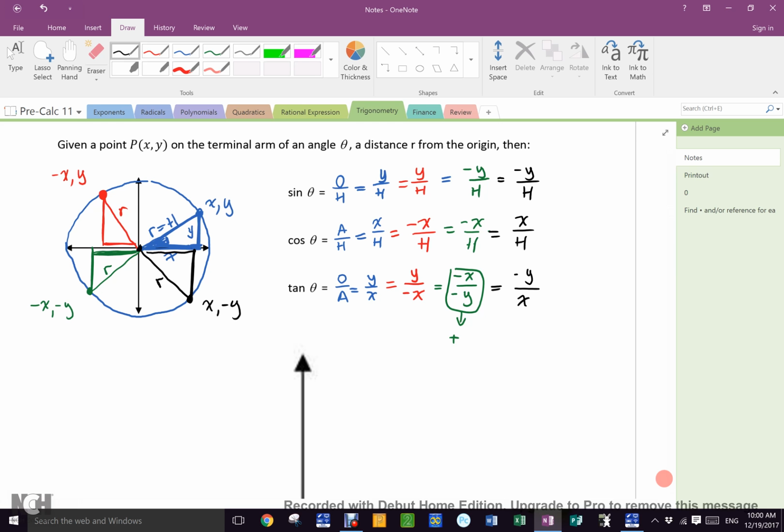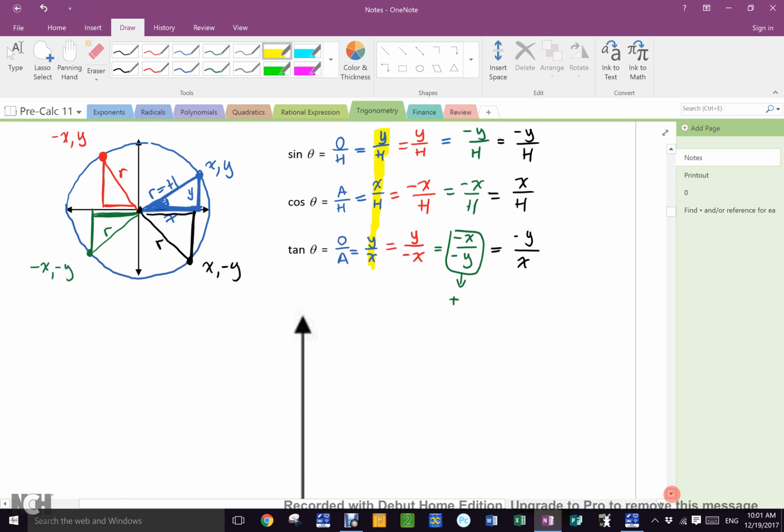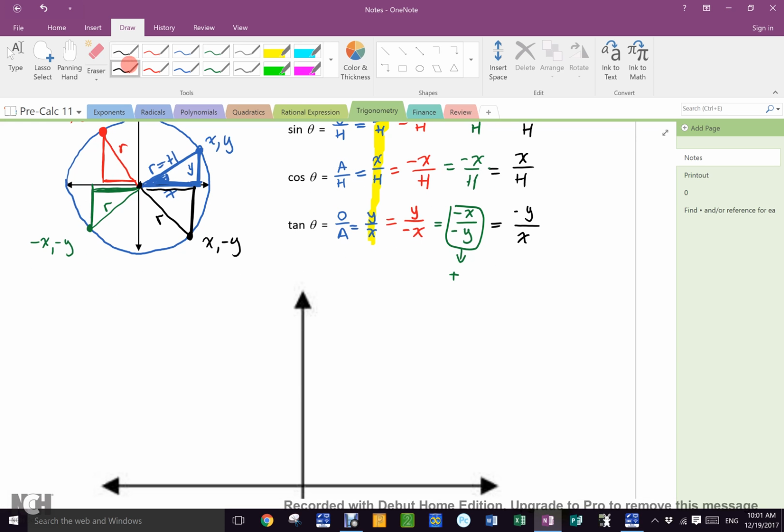Now, all of you should notice something about the sine, the cos, and the tan in each of the quadrants. What did you notice about them all in the blue quadrant? They're all positive. So out here, sine, cos, and tan are all positive, aren't they? Why? Because x and y are positive. Everybody see that?